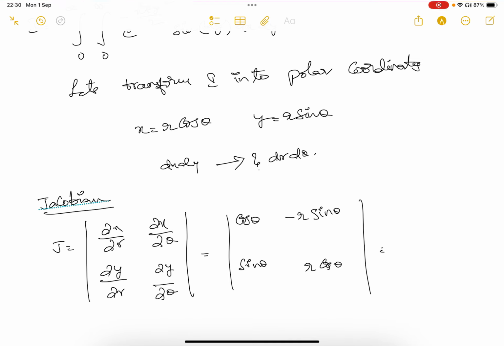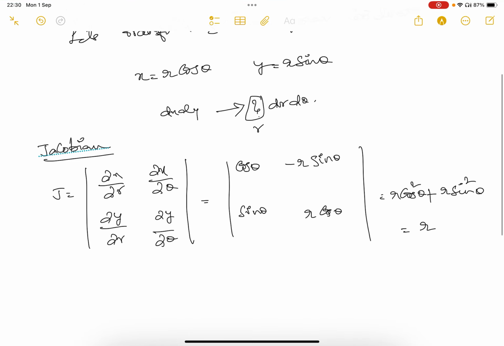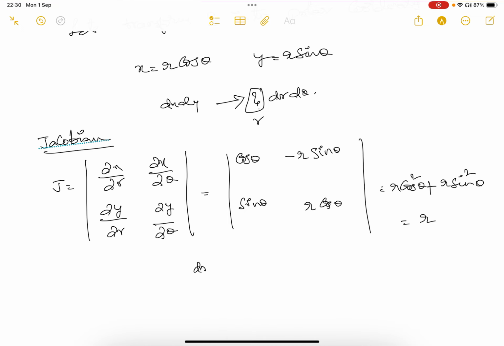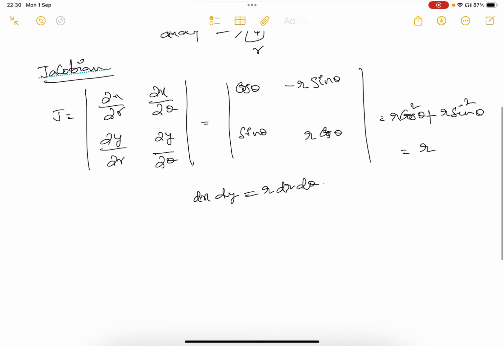The determinant is r cos square theta minus of r sin square theta, which becomes plus, this is r, since sin square theta plus cos square theta is 1. So dx dy is r into dr d theta.